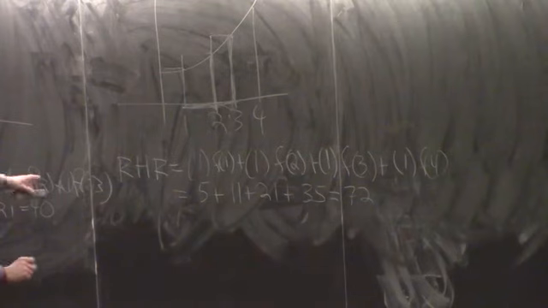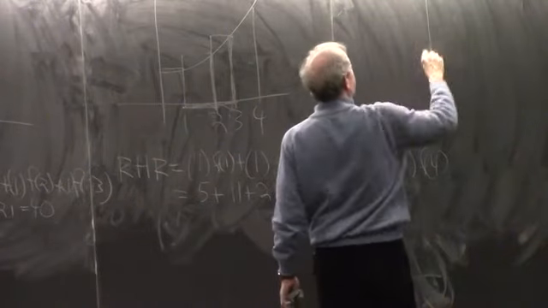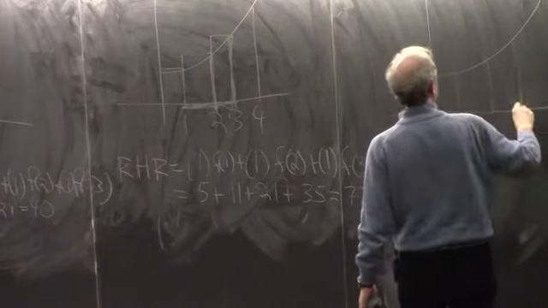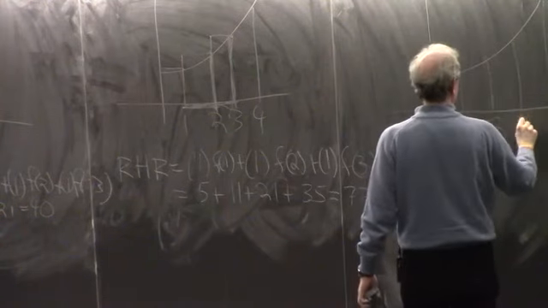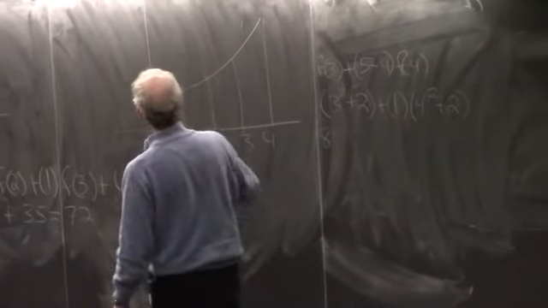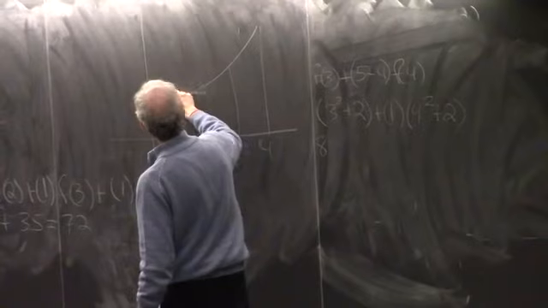So what other rectangles could we do? Well, instead of using the left side or the right side, we could use the midpoint. So suppose I wanted to do this with midpoints. Instead of finding f of 0 or f of 1, I find that rectangle by going to the middle of each of these.